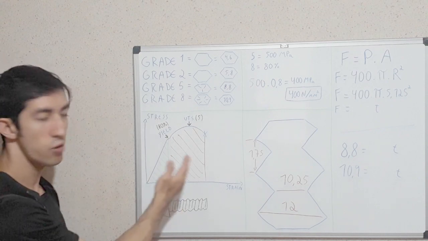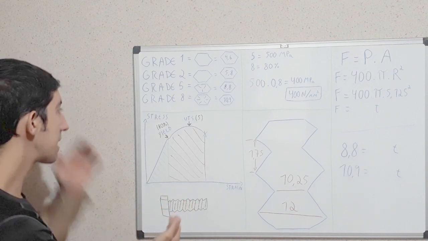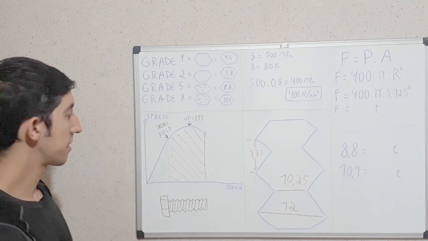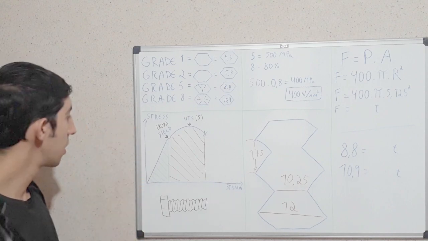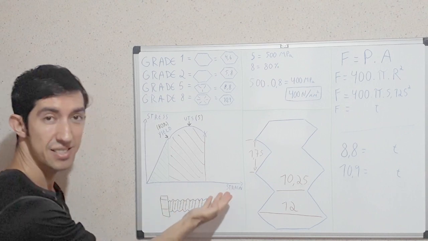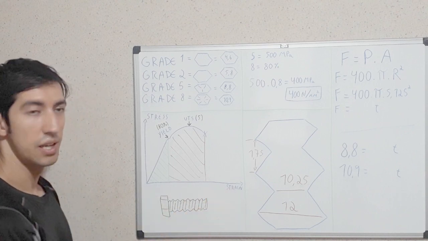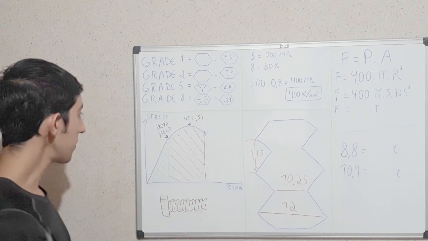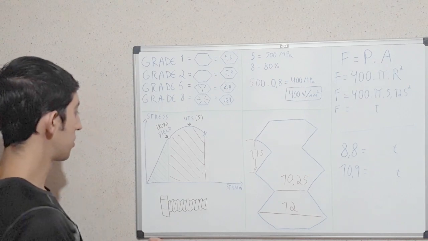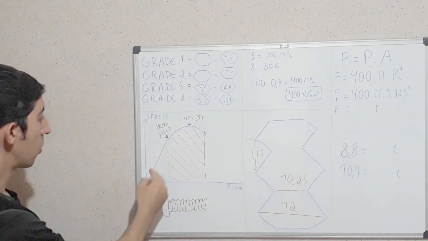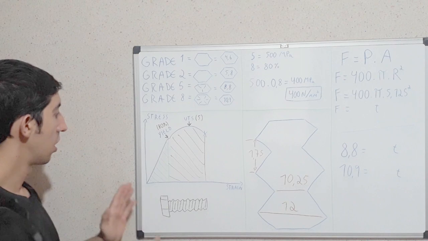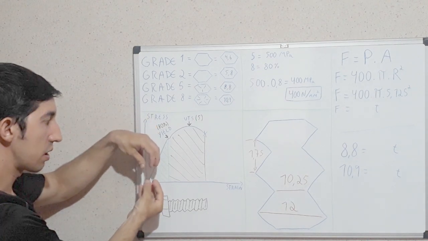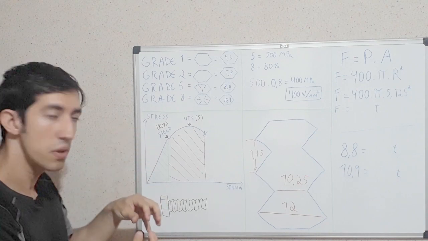In this generic stress-strain chart, we can see here in the y-axis we have the stress. It's the force that the bolt can hold. Here in the x-axis we have the strain, which is how much the bolt is bending or deforming. So in this green region we have the elastic region, where the bolt can stretch and return to its original shape unharmed.